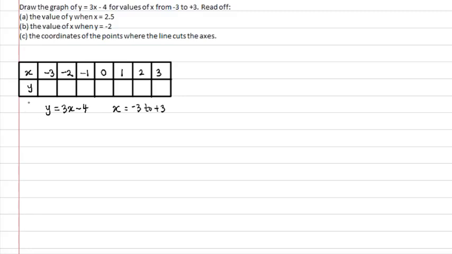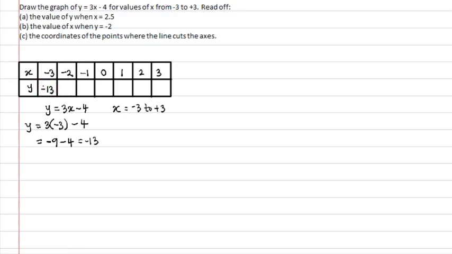For the first one, we have y equals 3x minus 4, using minus 3. That is minus 9 minus 4, which gives us minus 13. We put minus 13 here.